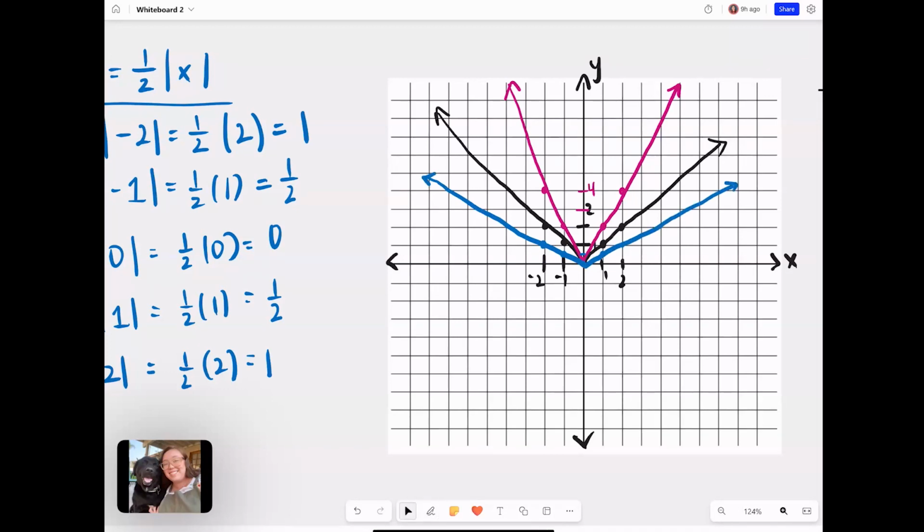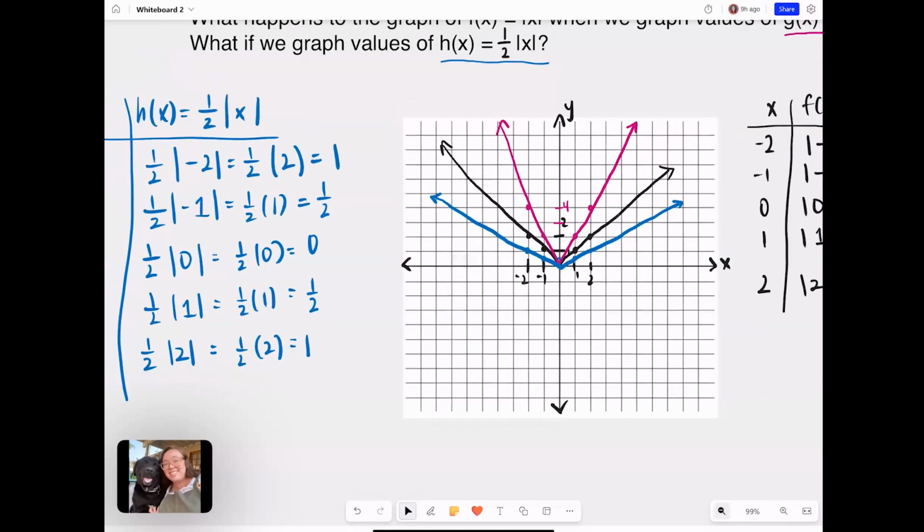So this looks like that. Similar to how our pinkish graph grew faster, the values accelerated because I multiplied everything by 2. In the same vein here, if I multiply everything by half, I'm essentially cutting it in half or dividing by 2. That slows it down.